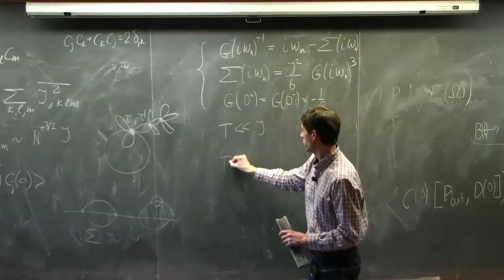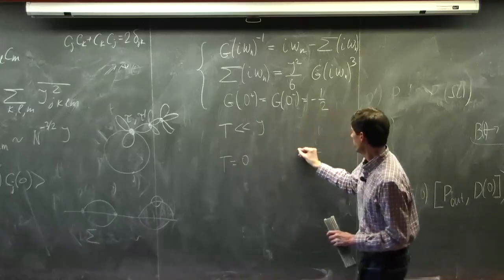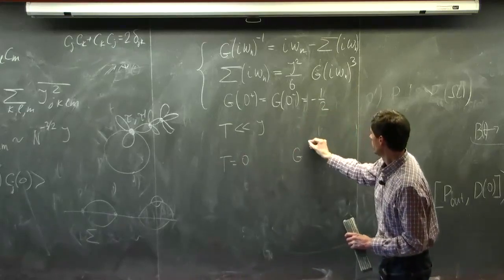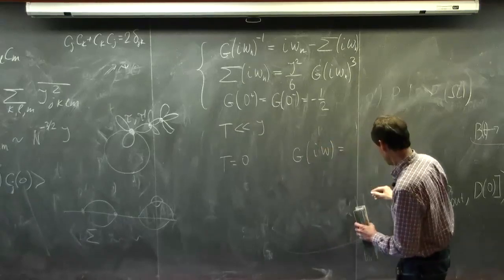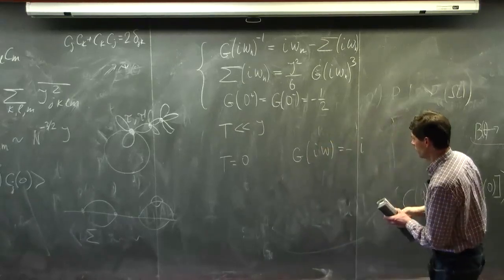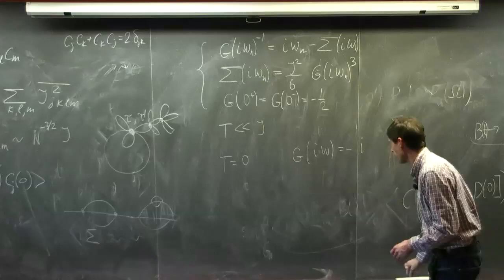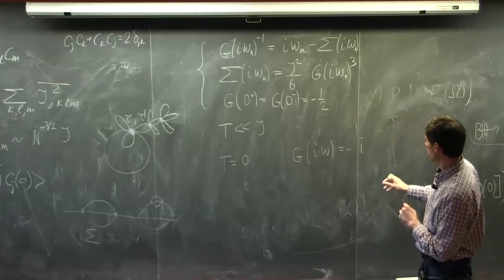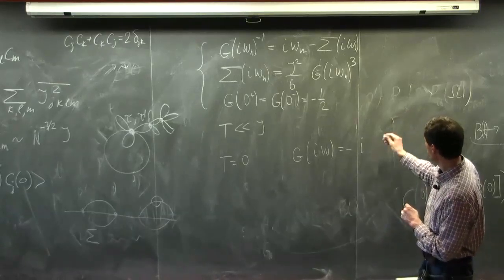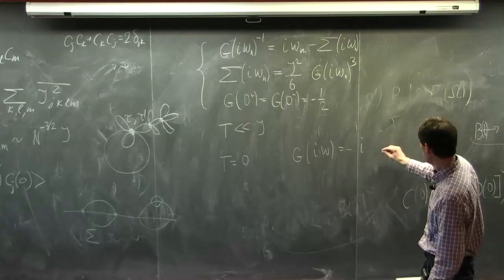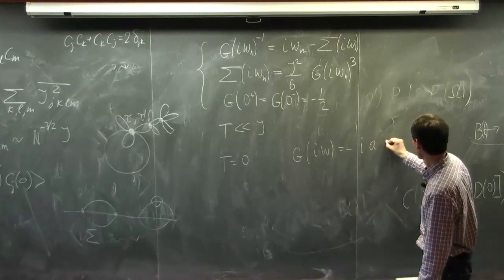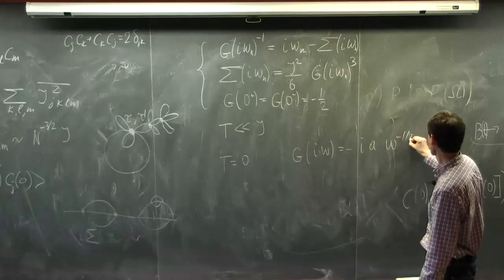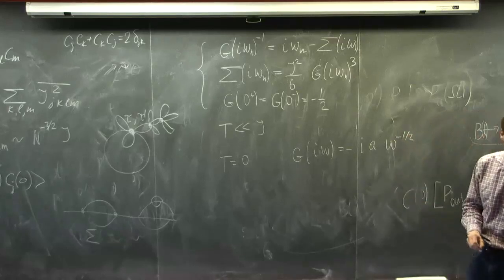First, if we take t equal to 0, then G of i omega is minus i, just a second, trying to remember some factor which I don't remember, of course, but it's proportional to omega to the minus 1/2.